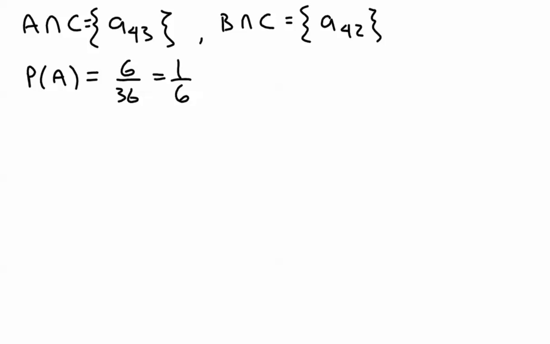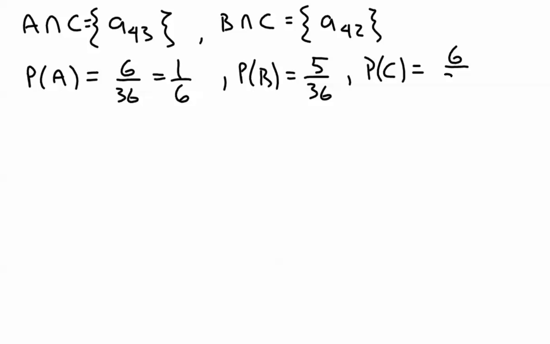So the probability of event A is 1/6. The probability of event B is 5 chances out of 36. And the probability of event C equals 6 chances out of 36. Event C was the event that die 1 showed 4 spots. There's 6 ways for that to occur.